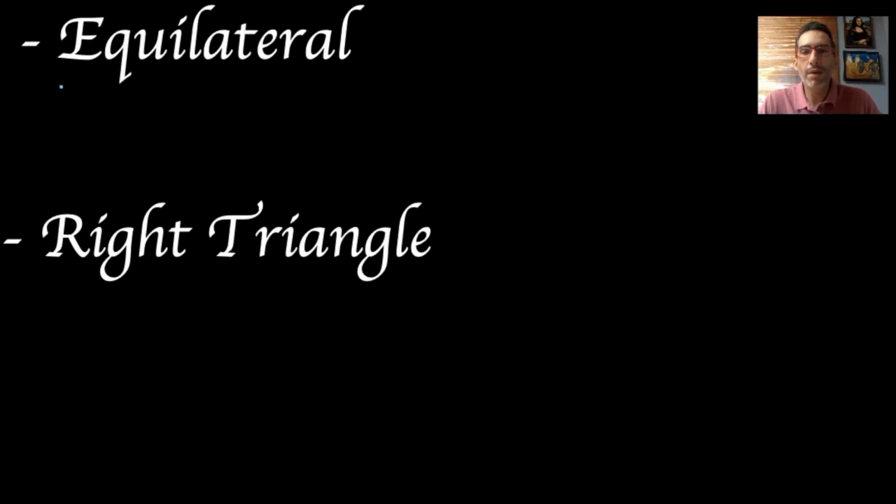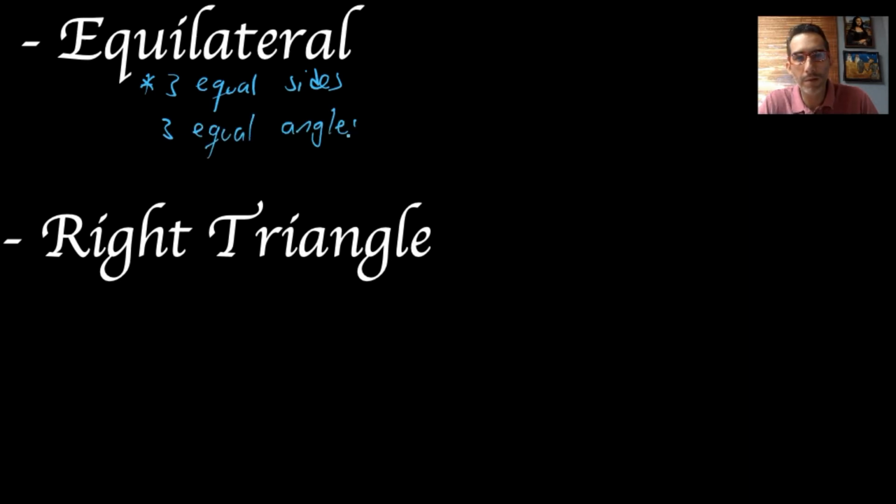Now, equilateral triangles. What is the definition of an equilateral triangle? All sides are equal, so basically we have three equal sides. And again, don't forget about the angles, which also means that you will have three equal angles.